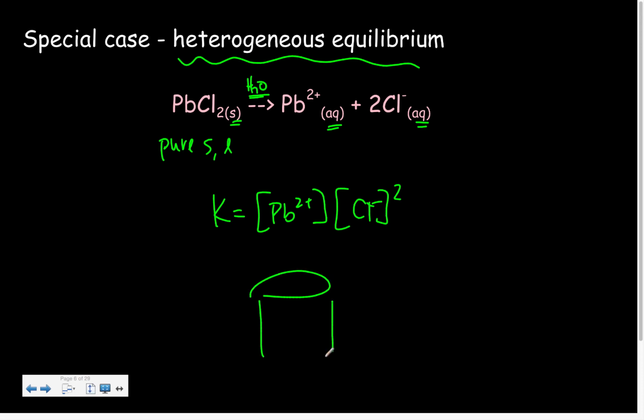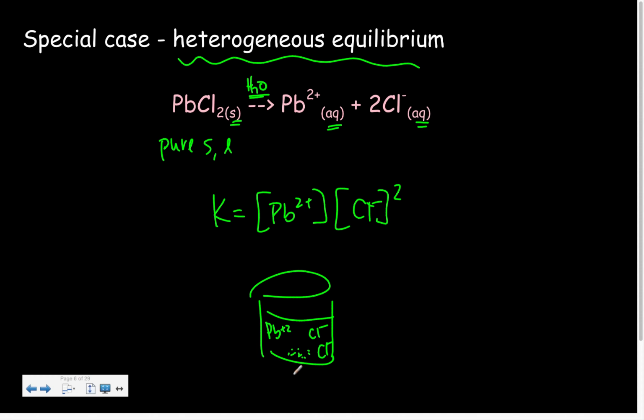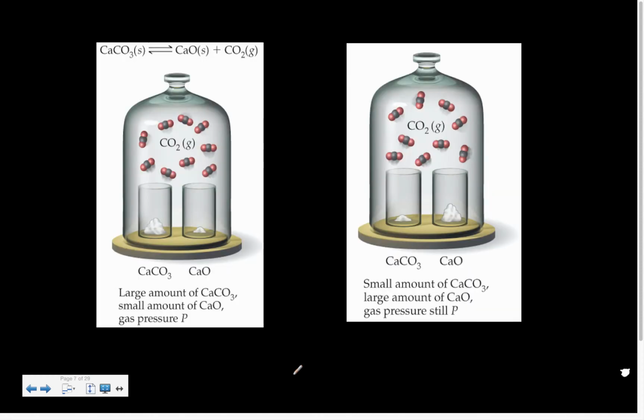But if we think about, for example, a beaker here, in order to establish equilibrium, we have to have some solid present. Going back to what we talked about at the beginning, all of these species will be present at equilibrium, which means that even though it's not part of my expression, if I don't have some solid here, my scenario will never reach equilibrium.